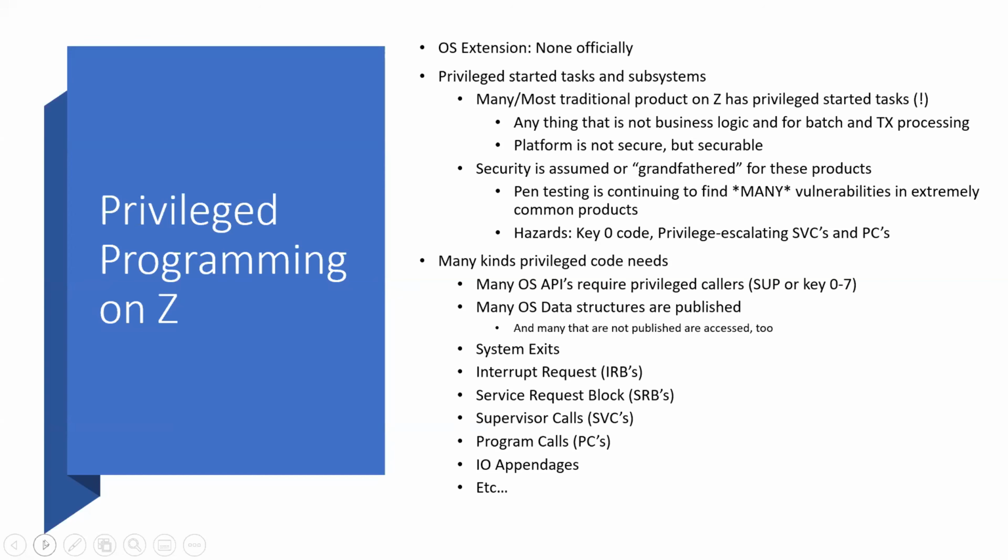but there are a lot of patterns in mainframe code of writing code that uses key 0, building the interface from user to kernel mode, or what is called supervisor calls and PC calls on z/OS.